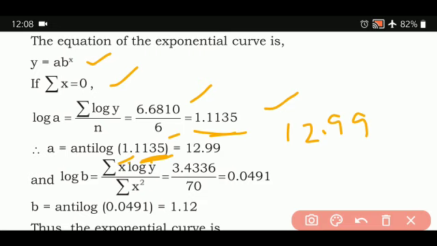Similarly, log b also you are going to do the same thing. After substituting the values of x log y, 3.4336 divided by 70, that answer you get as 0.049. And this anti-log, how do you find it?